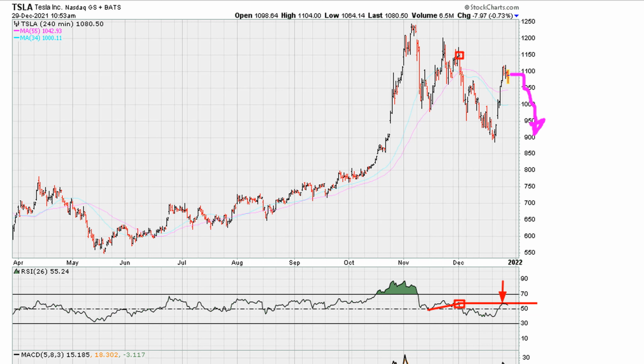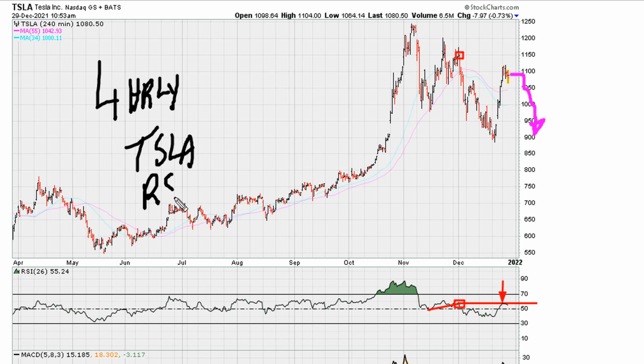the 4 hourly. And to qualify this again, 4 hourly, of course it's Tesla, and the RSI setting here, to be clear, is 26. So right now, suggesting that as long as this is confirmed as resistance, the next meaningful direction is down.